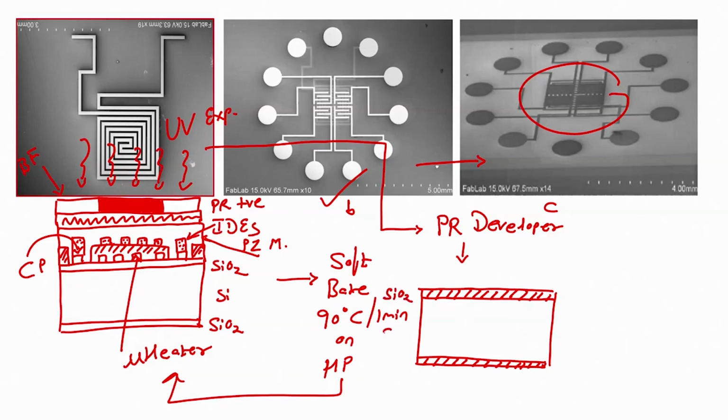See what I said: we have interdigital electrodes on which we have a piezoresistive material, and on it we have spin coated positive photoresist. We have done soft baking, then loaded the bright field mask, performed UV exposure, unloaded the mask and performed photoresist developing. What we get is what we are drawing over here, right.